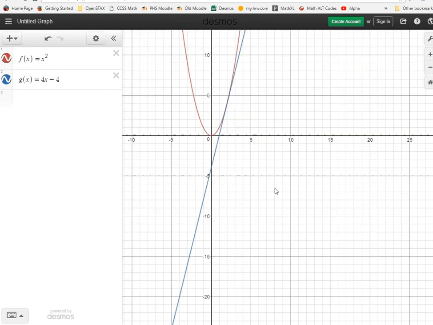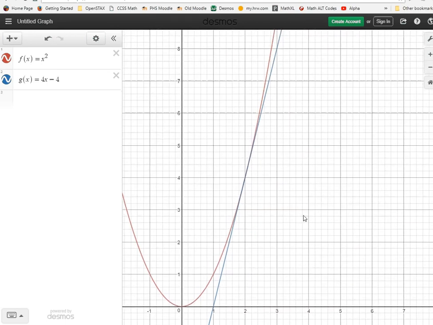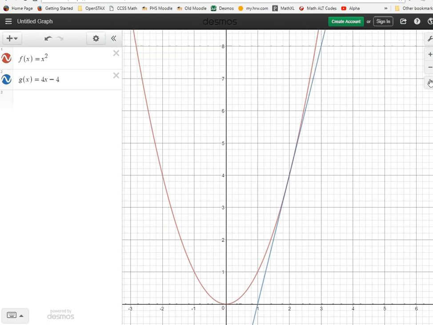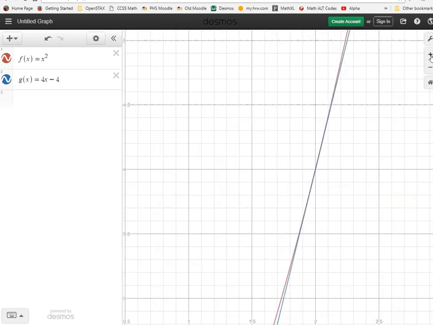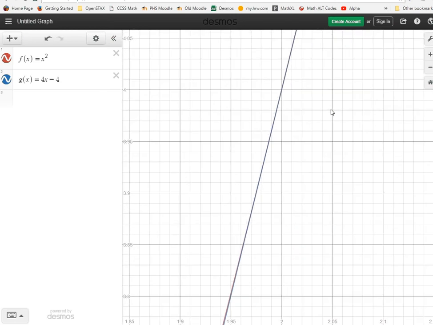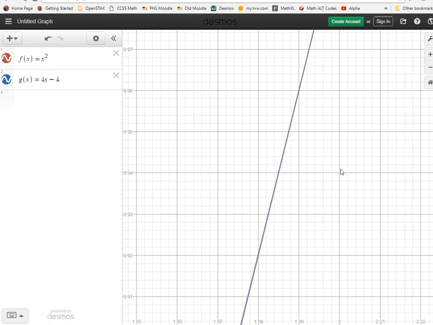I want you to witness the magic as the line becomes the curve. Oh, there's a little bit of burnt umber down there. But I've got to find it.